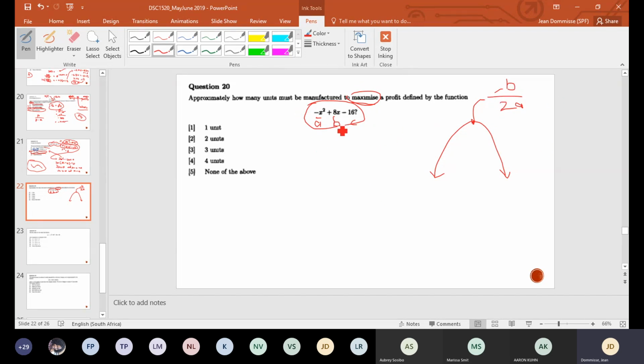So minus B, so minus 8, over 2A, which is 2 times minus 1. So it's basically minus 8 over minus 2. That will give me 4 units.